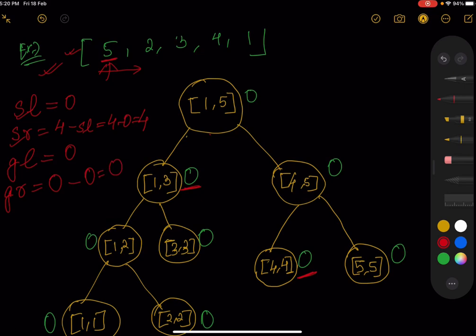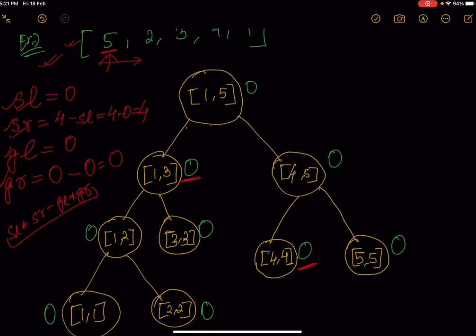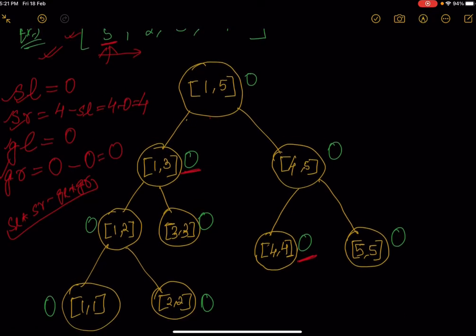Okay, so in this way we can find all these 4 terms, and after finding all these 4 terms we can simply calculate the magic number as SL times SR minus GL times GR. Okay, so by finding this we can simply compare whether this is greater than or equal to 0 or lesser than 0.